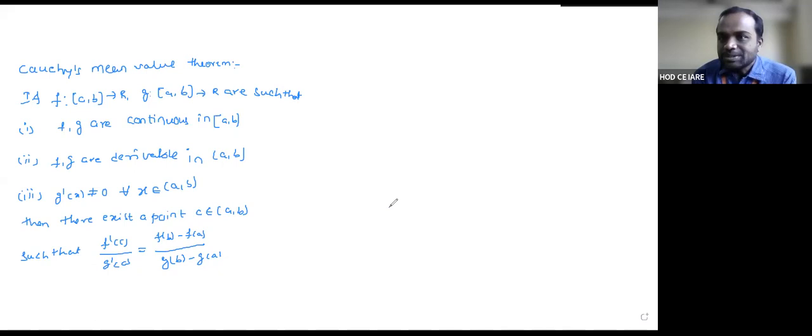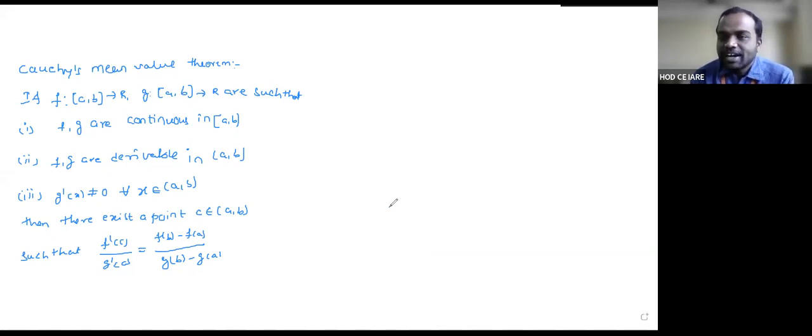If it is 0, it is not possible to find the Cauchy's mean value theorem, so the value becomes undefined. That's why we take g dash of x is not equal to 0 for every x belonging to the open interval of a comma b. There exists a point c belonging to the open interval of a comma b. These three conditions are satisfied.